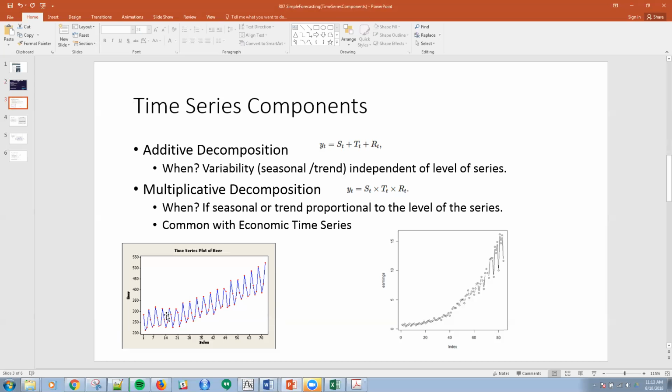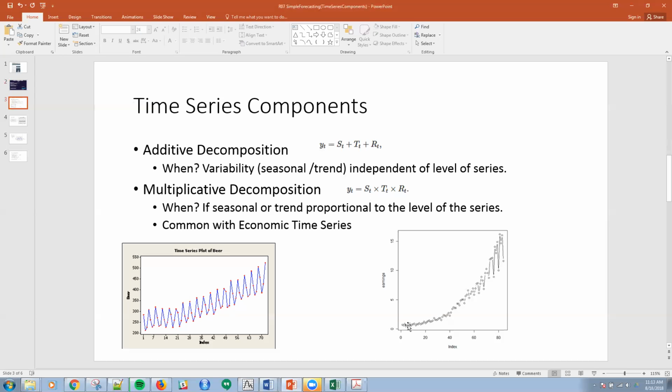That is going to be contrasted to multiplicative. In multiplicative, the variation of the seasonal piece is increasing as I go up. So it's not constant through time. And also, it is exponential. You can see here that this is not a linear trend.